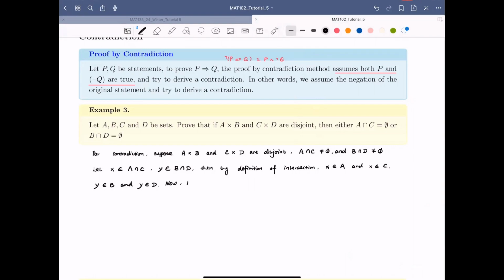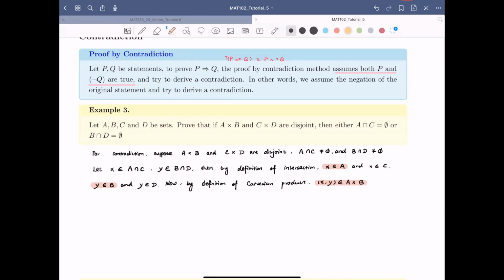Now, by definition of Cartesian product, because I want to use X, Y is in A Cartesian product B. Because why? Because X is in A, Y is in B. We highlighted X is in A, Y is in B. That's gonna give me X, Y is in A Cartesian product B.